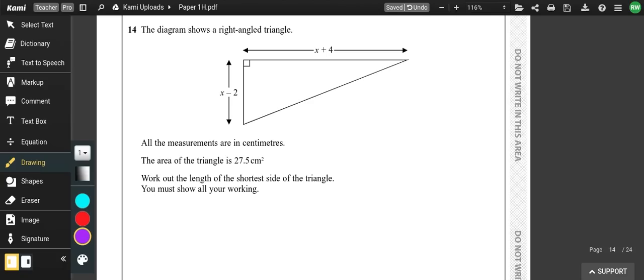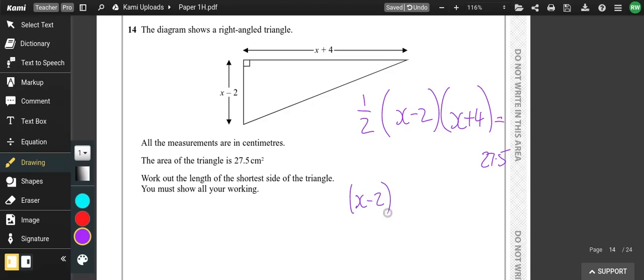Right angled triangle, the area is that, so we need half base times height, and that equals 27.5. So I'm going to multiply both sides by 2, x minus 2, x plus 4.